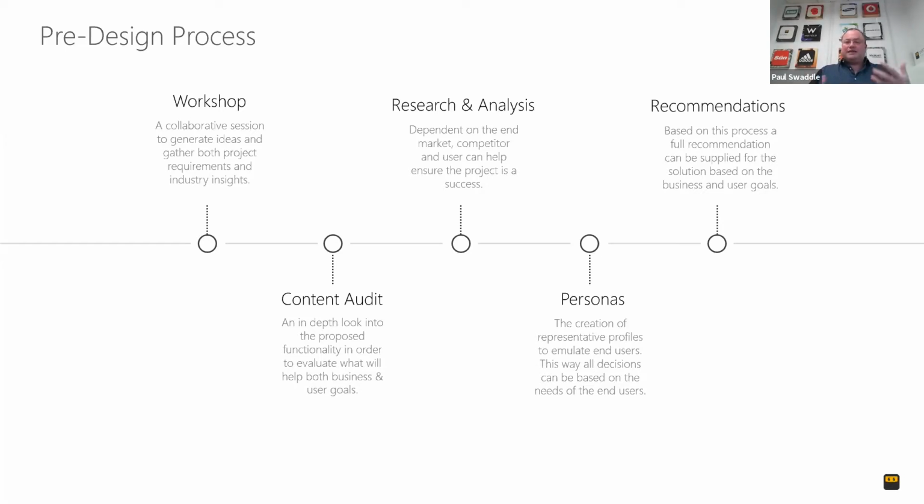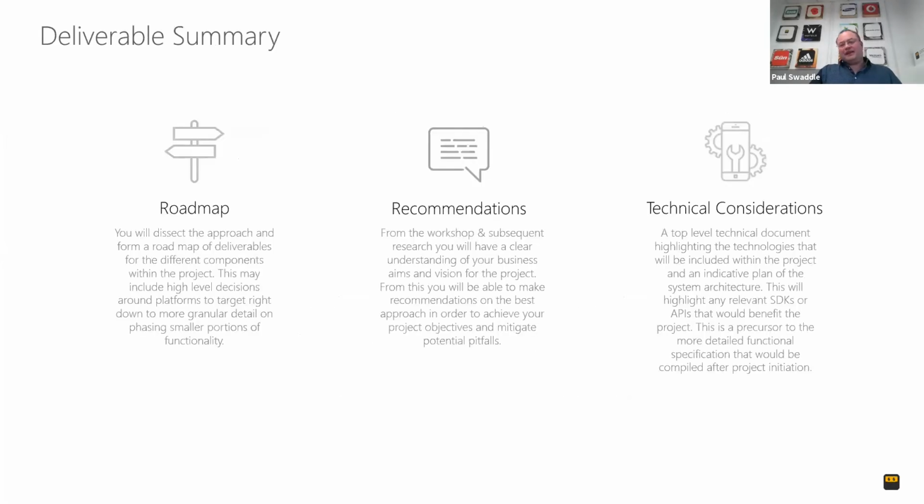And then off the back of that, you get to some recommendations about what you're going to do and exactly what the app does and doesn't do. The output from this phase is a roadmap that details how you're going to approach things and what the app is actually going to do. You might have some decisions around how you're going to deliver it.